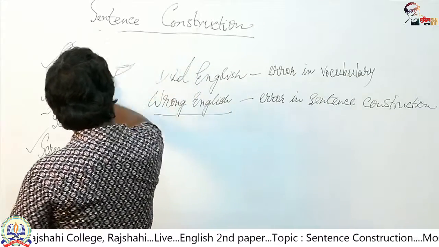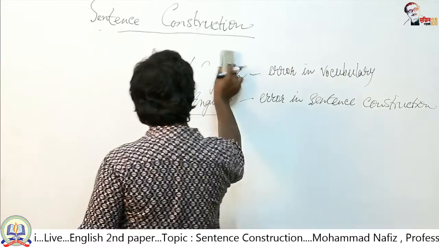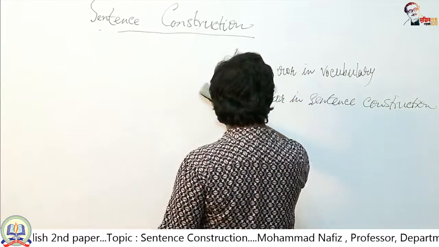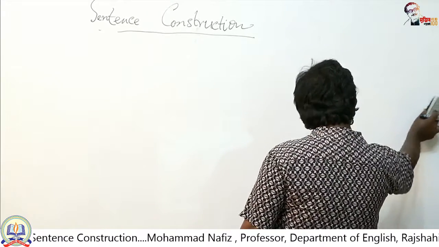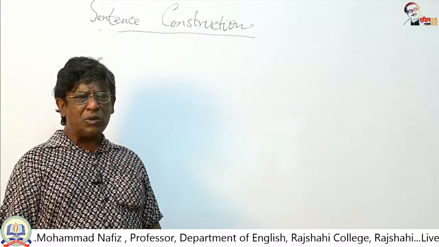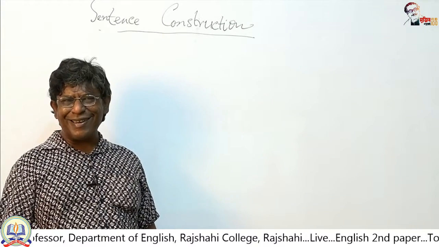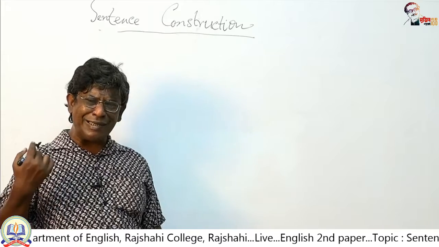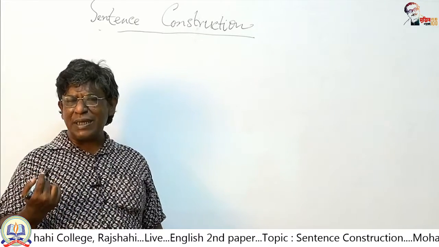As I had told, today I will discuss the structures of different types of English sentences. You know, depending on the attitude and motive of the speaker, English is expressed in 5 basic patterns.